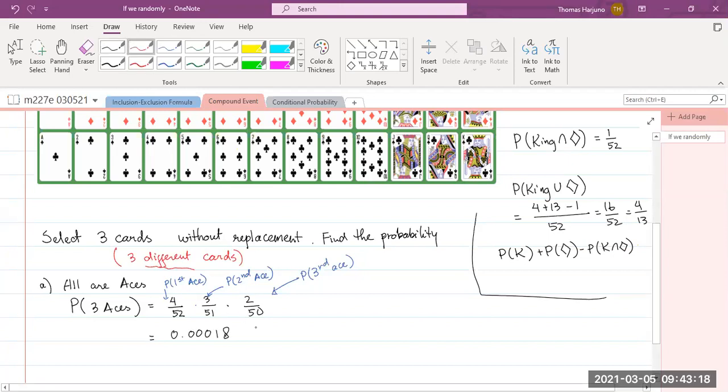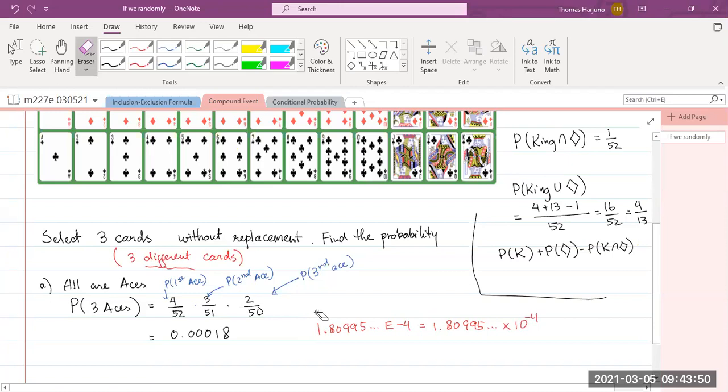I use my calculator and I see 1.80995 and so on, e to the negative 4. If you see this notation, this is calculator notation for scientific notation, which actually means 1.80995 and so on times 10 to the negative 4.